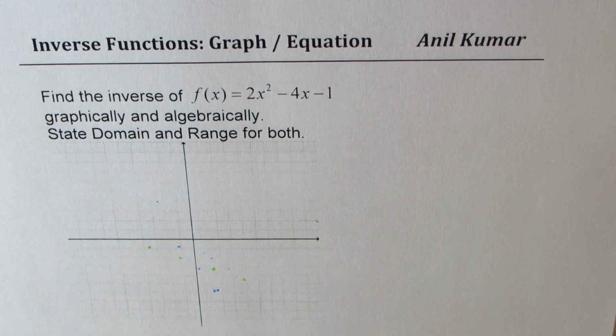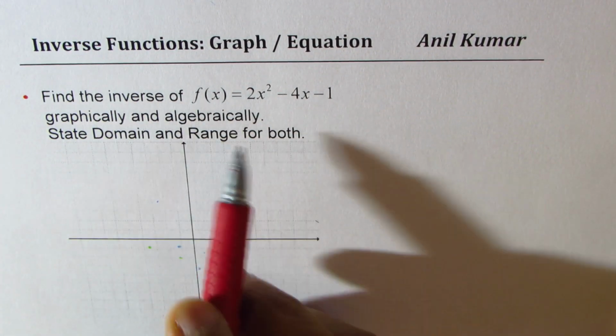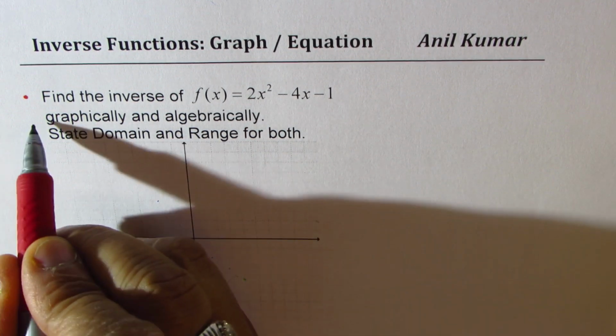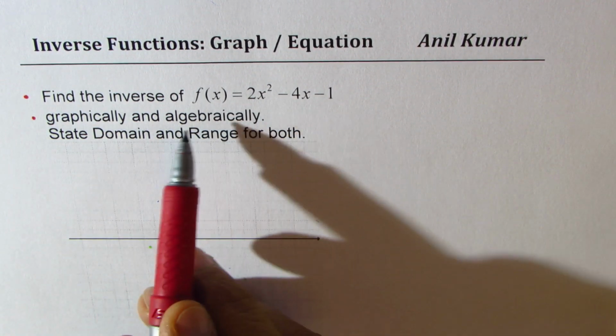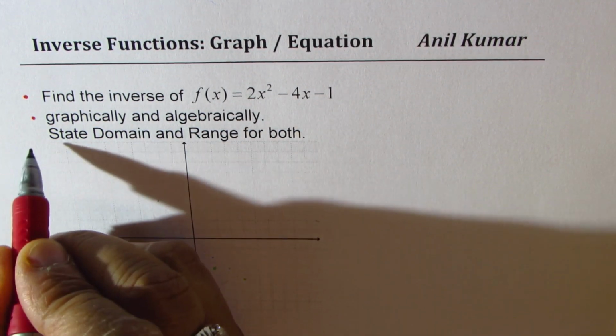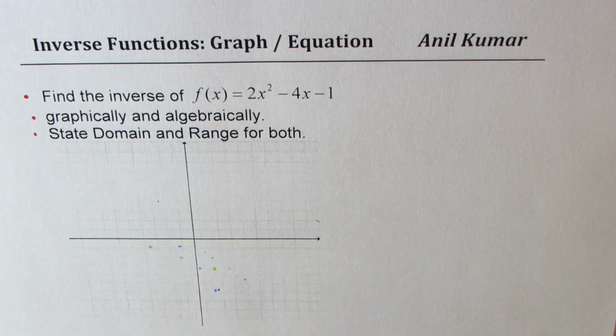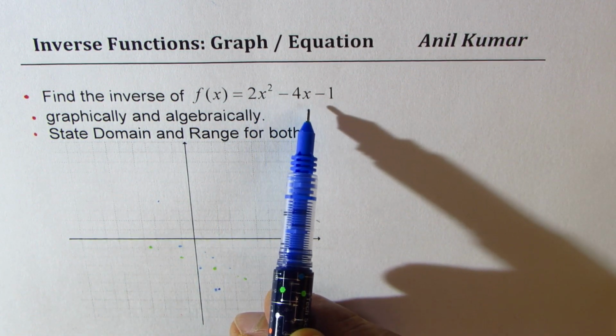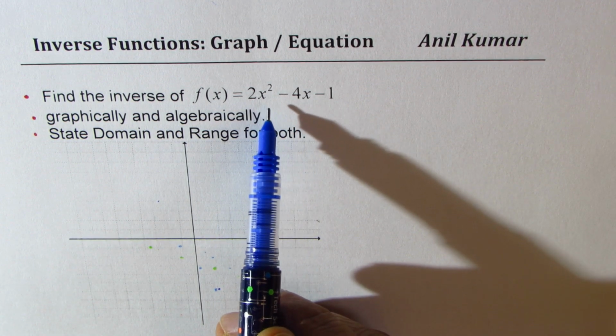Now we need to find the inverse of a quadratic equation. Then we have to find it both graphically and algebraically, and then write domain and range for the function and its inverse. Now it is important to understand that for a quadratic function we need to write it in vertex form.